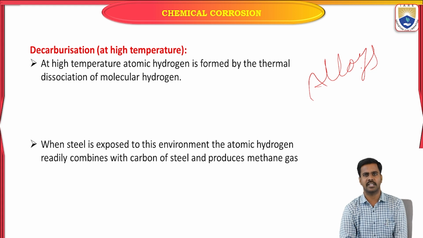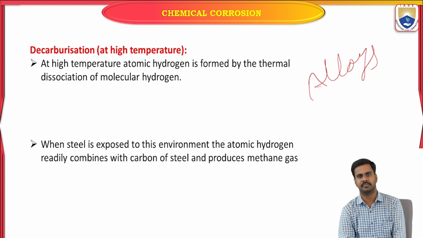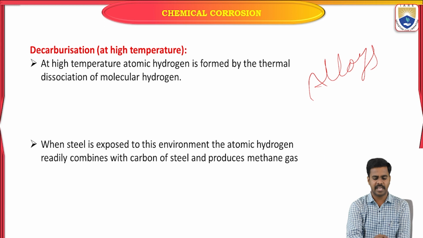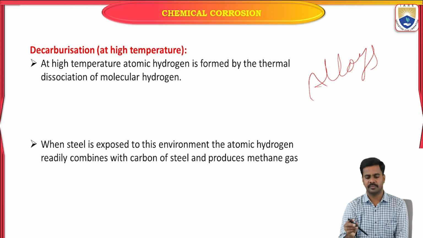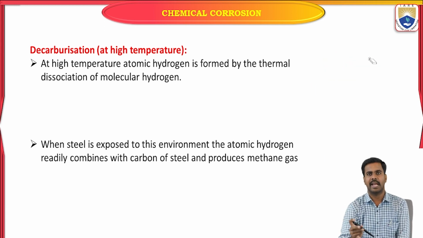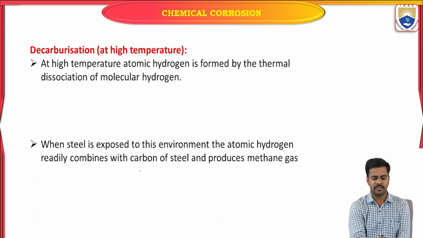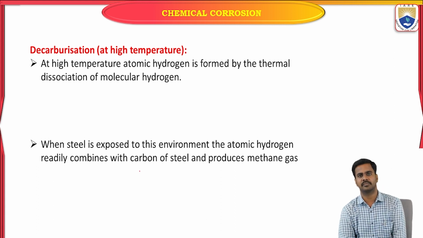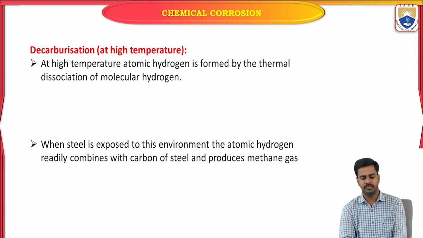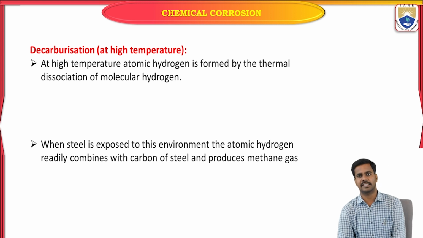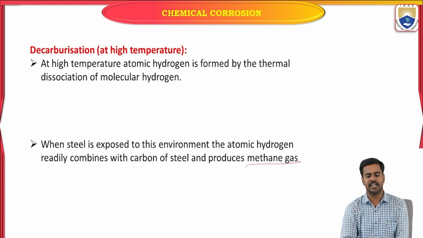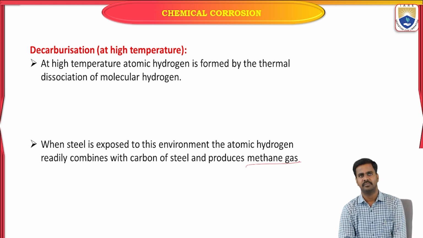So what is an alloy? It is a mixture of metals. When steel is exposed to this environment, atomic hydrogen readily combines with carbon of the steel and produces methane gas. If the volume of methane gas increases gradually, the decarbonization process takes place.